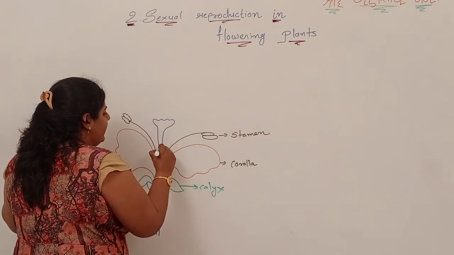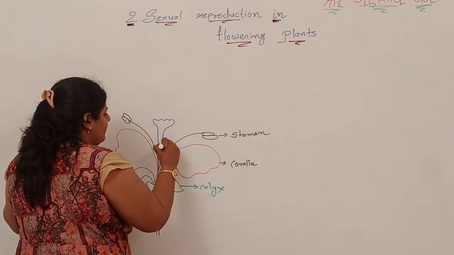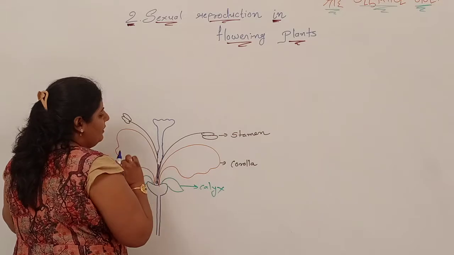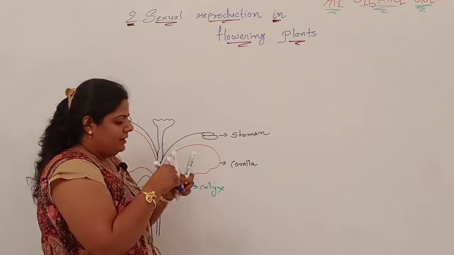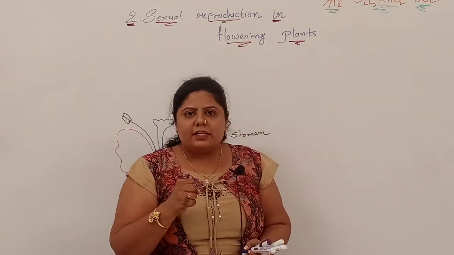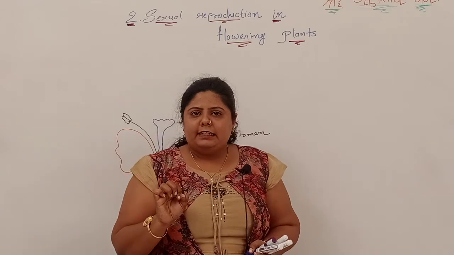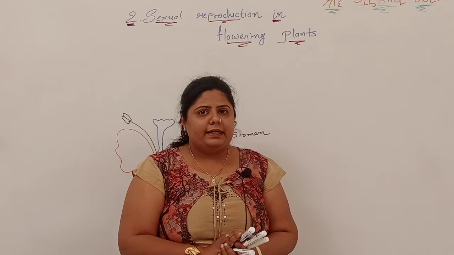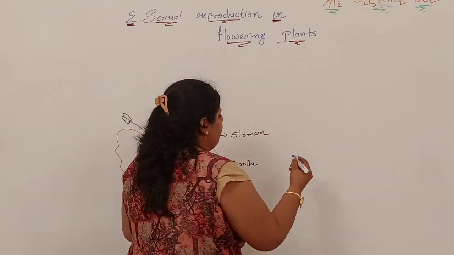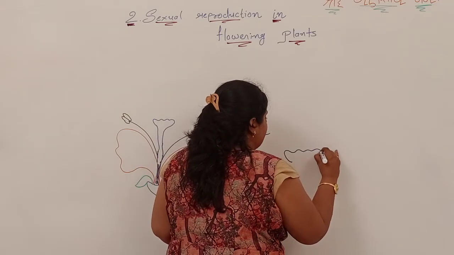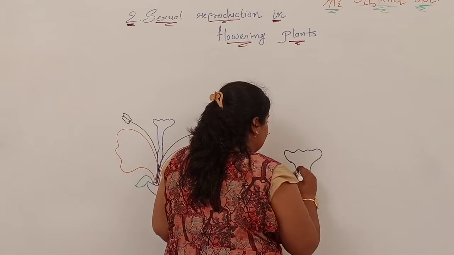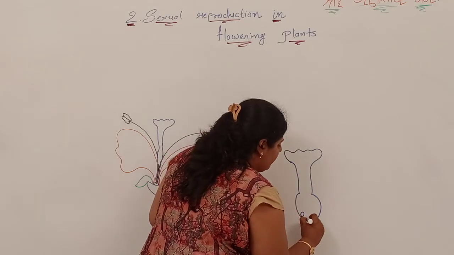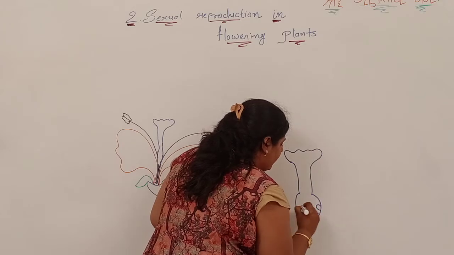Carpel contains three parts: stigma, style and ovary. Stigma is the passage for pollen transfer. Style forms a pathway for pollen tube development. And then ovary, where ovules are present. Many ovules are present in the ovary.